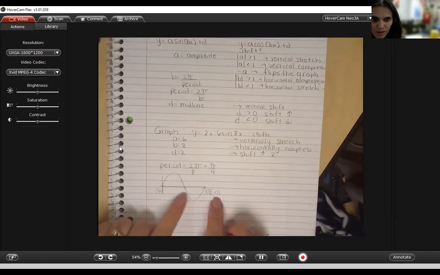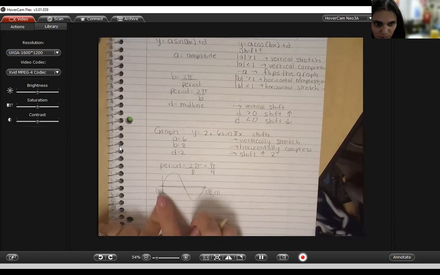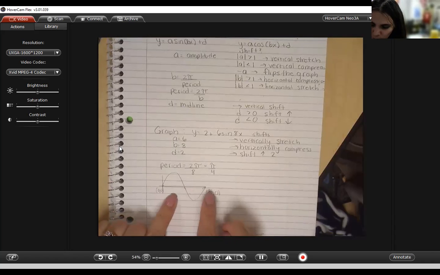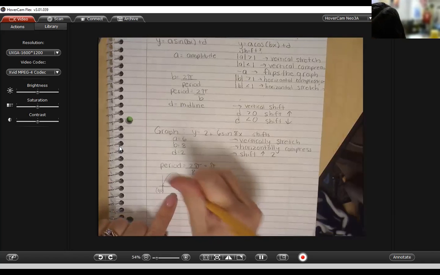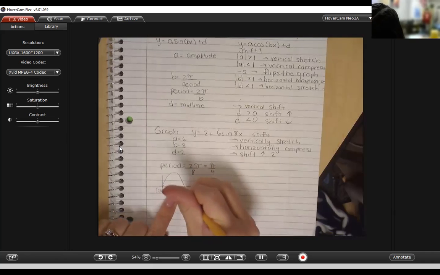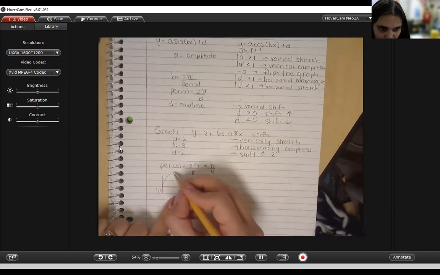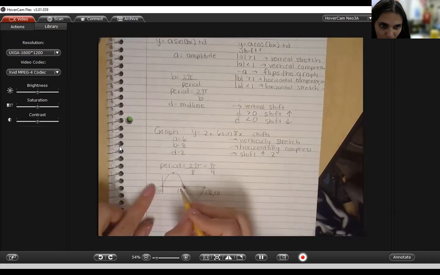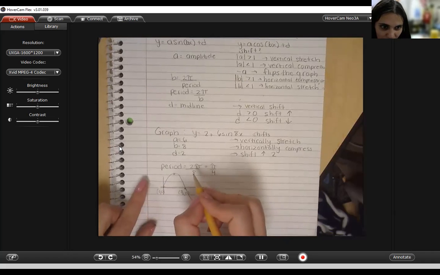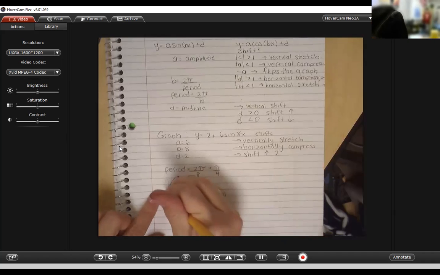What else do I know? I know that this point is going to be halfway between here and here. So if this is pi over 4, this becomes 1/8 of a pi. Pi over 8, comma 0. All right, what's going to be up here? Well, oh, I'm sorry, I messed up.